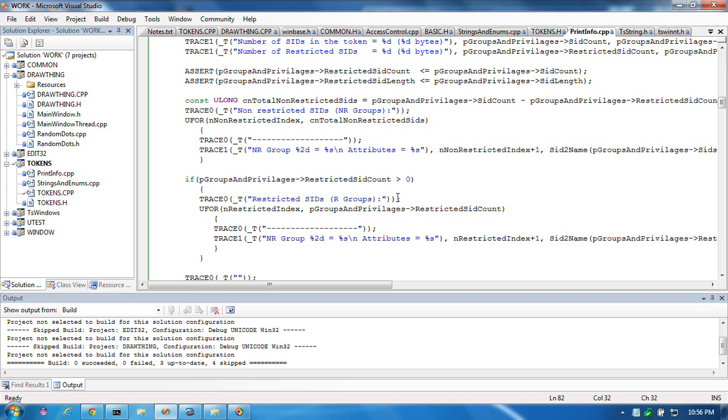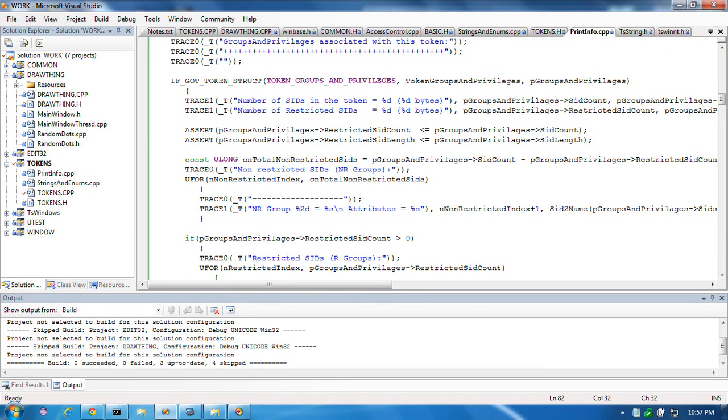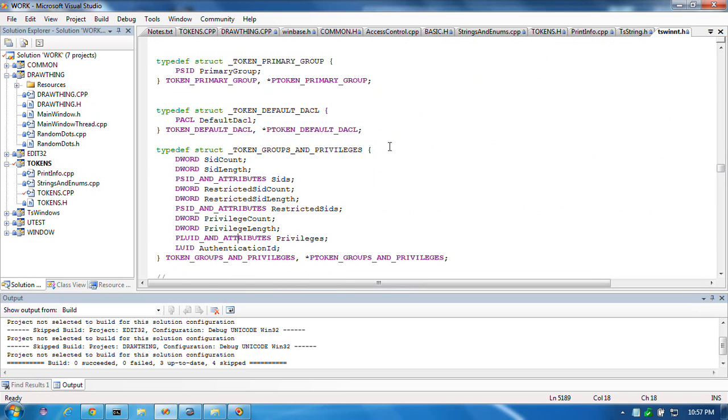So now I go through the thing. Let's look at that definition again. So for the first group, it's basically an array of this struct pointed to a security identifier and attributes. So that's like an SID and a D word, and these are just some lengths.